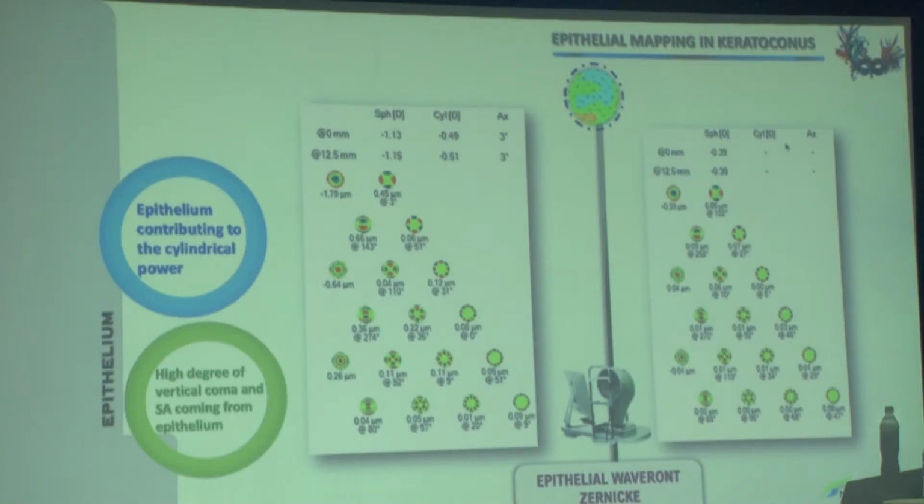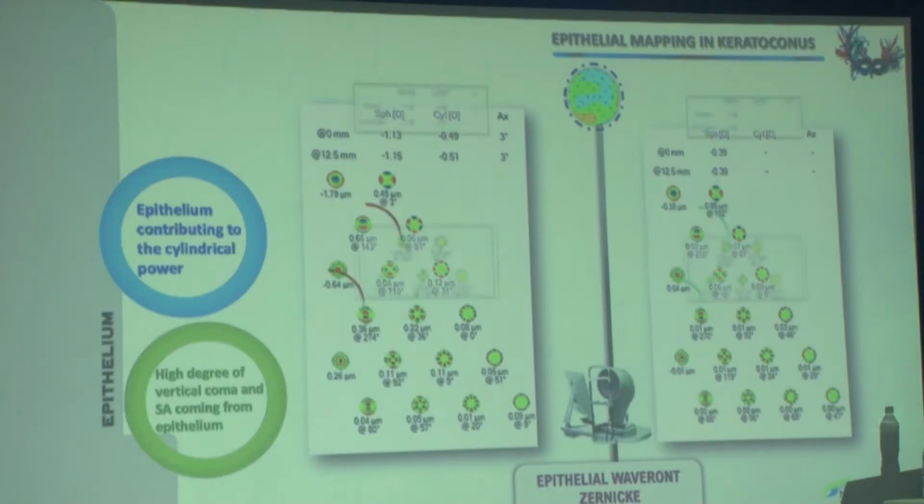And on the right side of your screen, there is no cylinder. If you see the aberrations of coma, spherical aberration, and trefoil, they will be much higher in the epithelium of these patients compared to normal eyes. That just means epithelium is contributing to the cylinder power, and you do see higher degrees of vertical coma and spherical aberration in the epithelium of these patients compared to others.